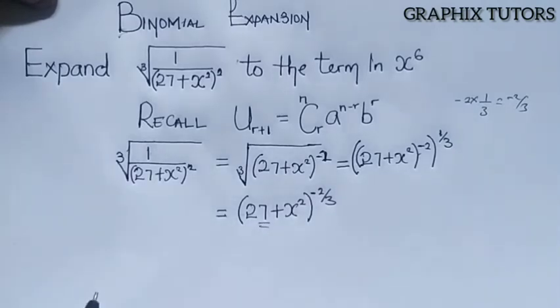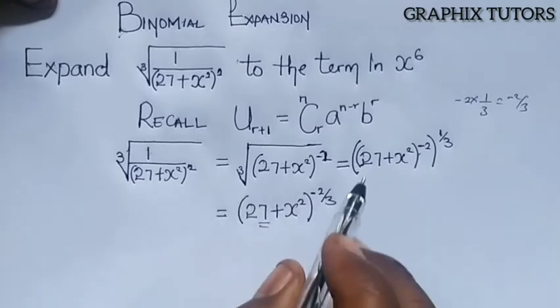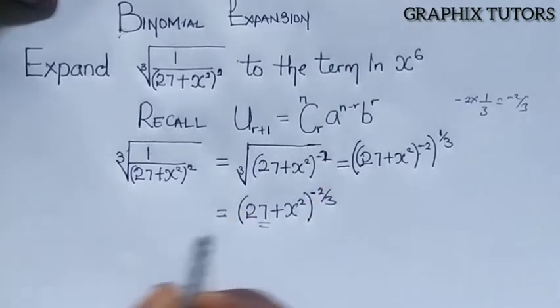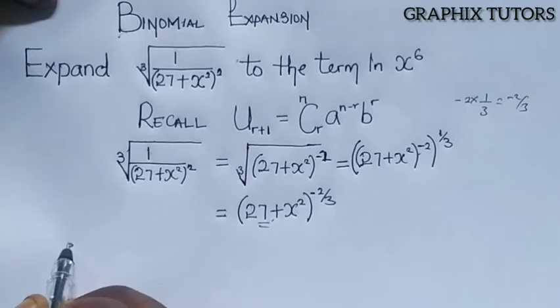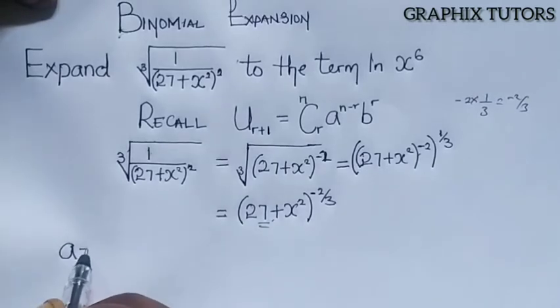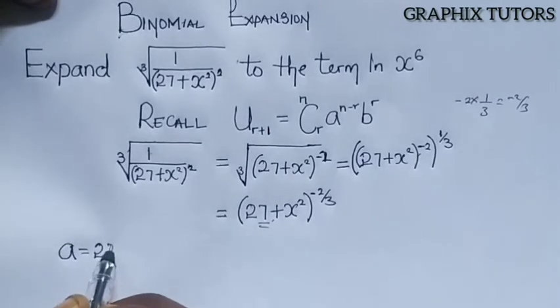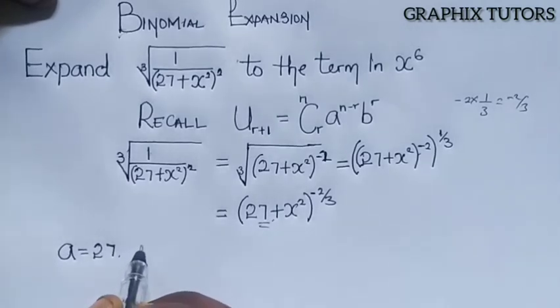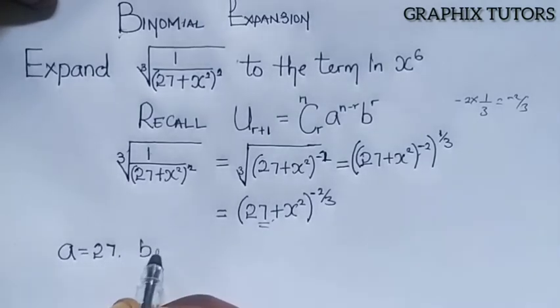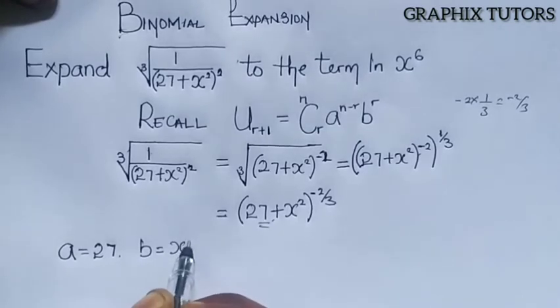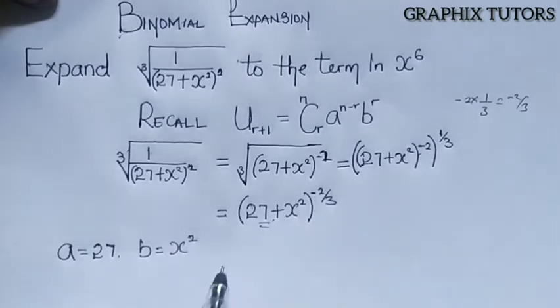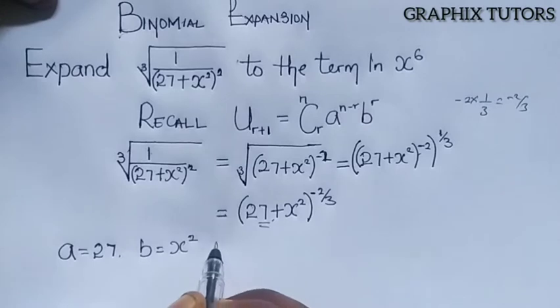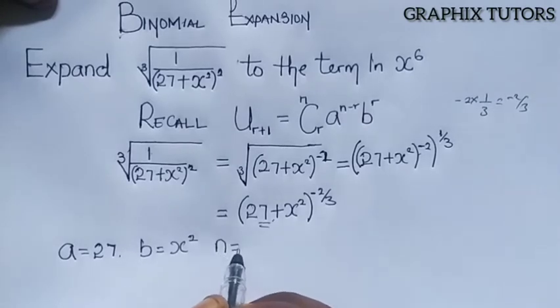Now from here, if you compare this with this, we say that a is equal to what? 27. b is equal to what? x squared. n is equal to what?